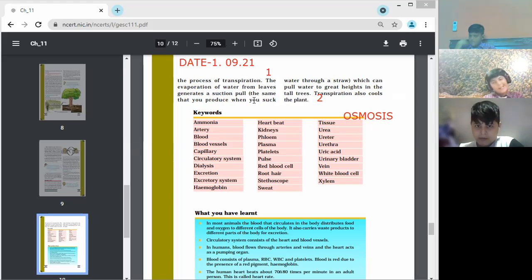Transpiration generates a suction pull, meaning it applies a force. With the help of that force, the water and minerals move upward. And second, it helps in cooling the plant.